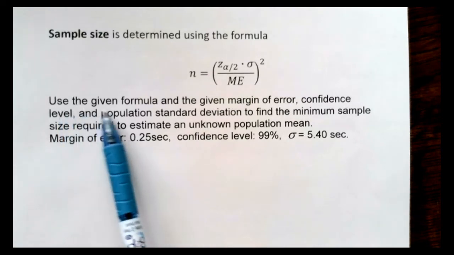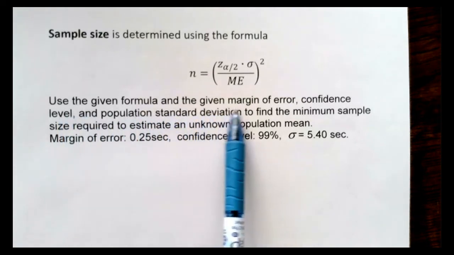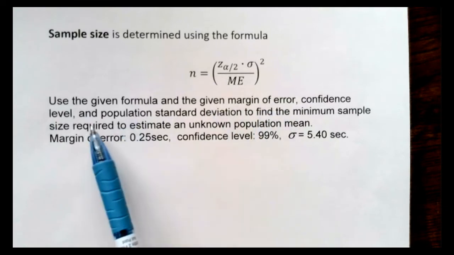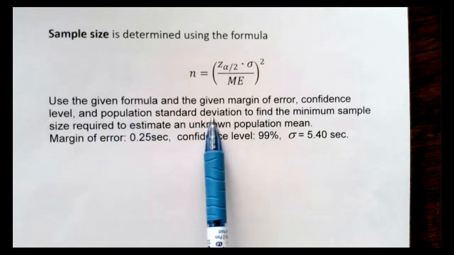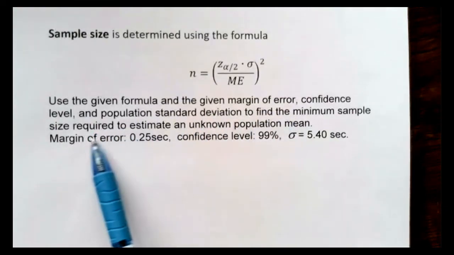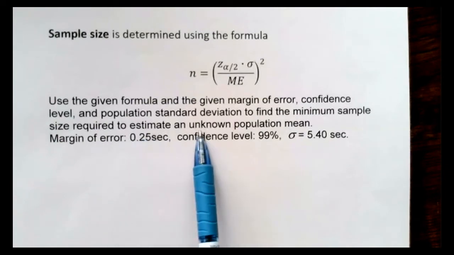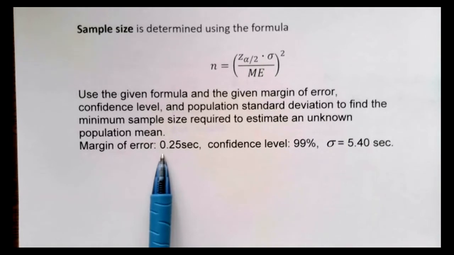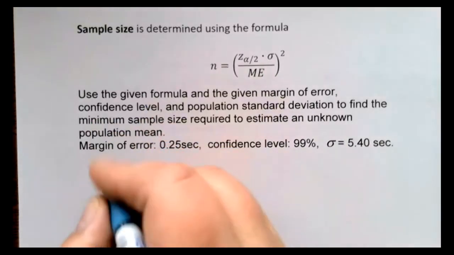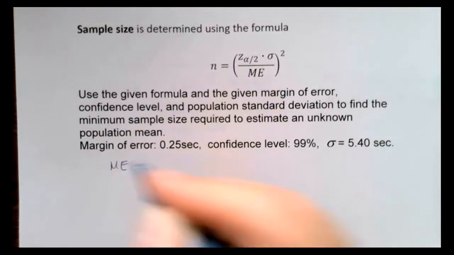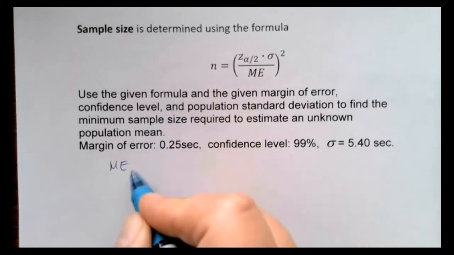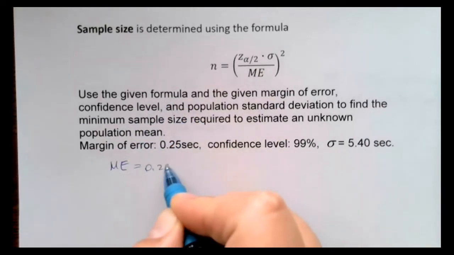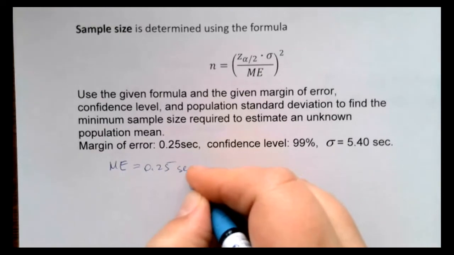Okay, here's an example. Use the given formula and the given margin of error, confidence level, and population standard deviation to find the minimum sample size required to estimate an unknown population mean. So margin of error, or just error, here is 0.25 seconds.